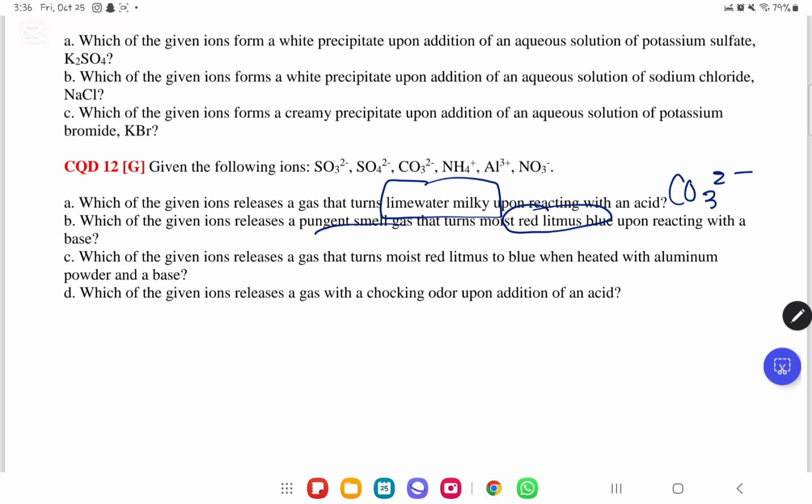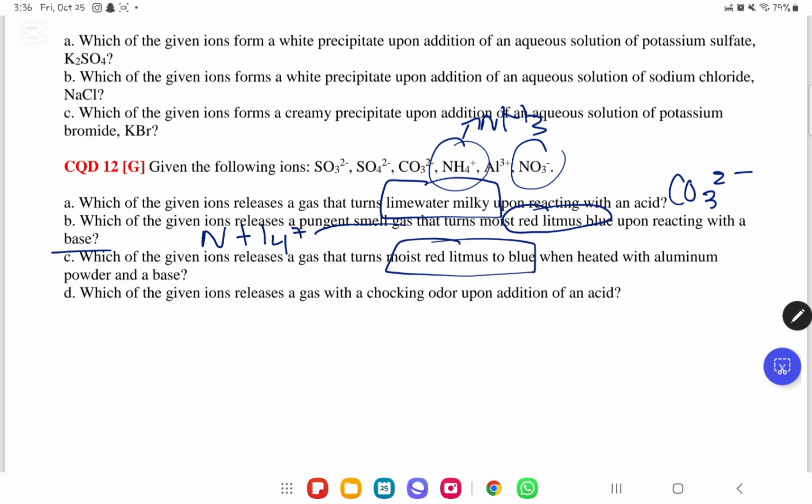NH4+ and NO3- release the same gas, ammonia, when they react with a base and release a pungent smell, so that's NH3 released from NH4+. Then again, they told us it releases a gas that turns moist red litmus paper blue.